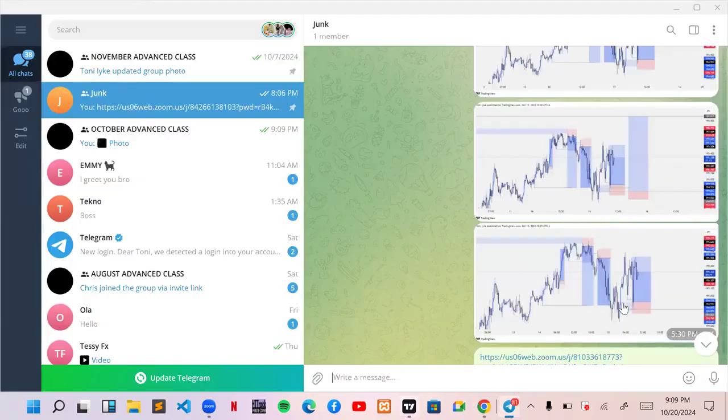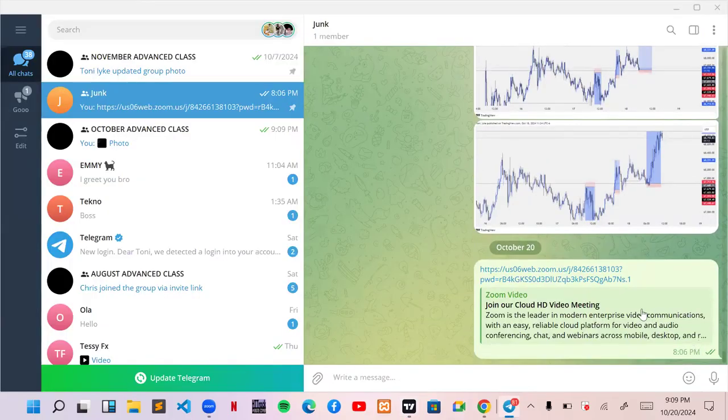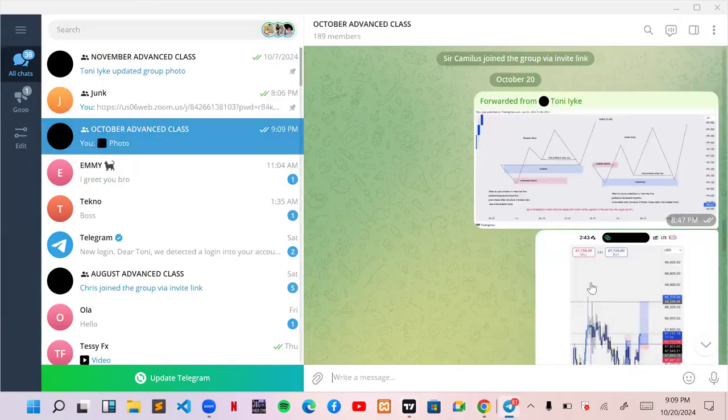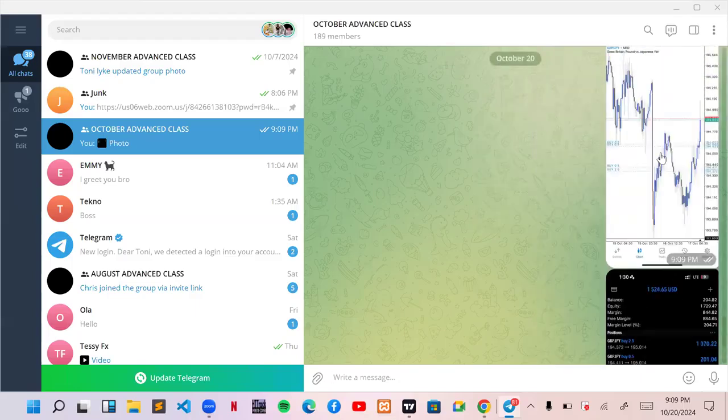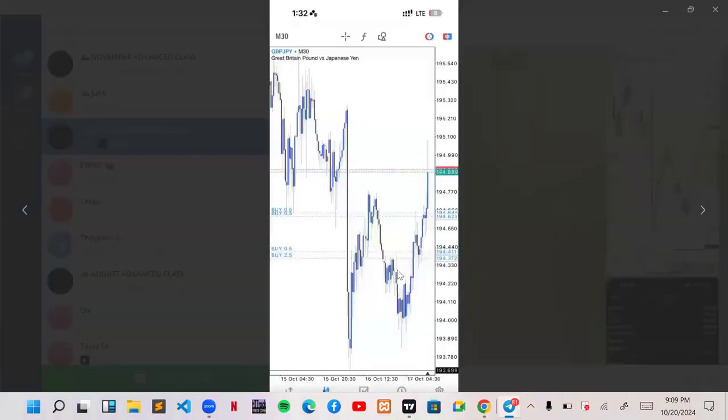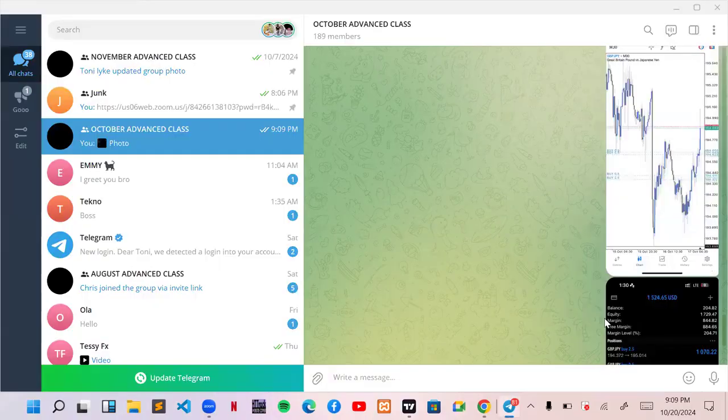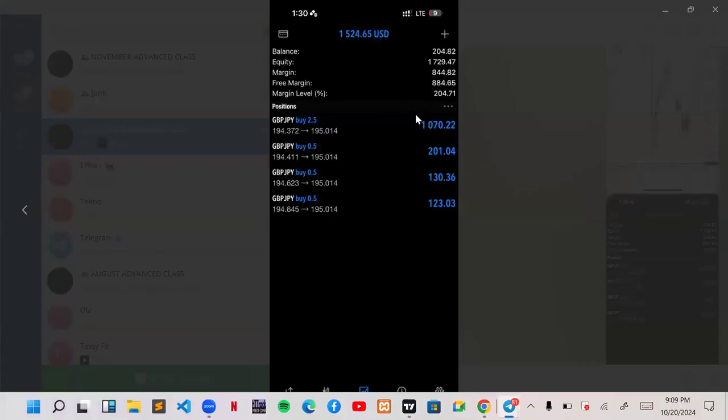So this is it. I have the MT5 structure. So pay attention, this was where the entry, this breaker block. This was the MT5 structure for this breaker block trade.